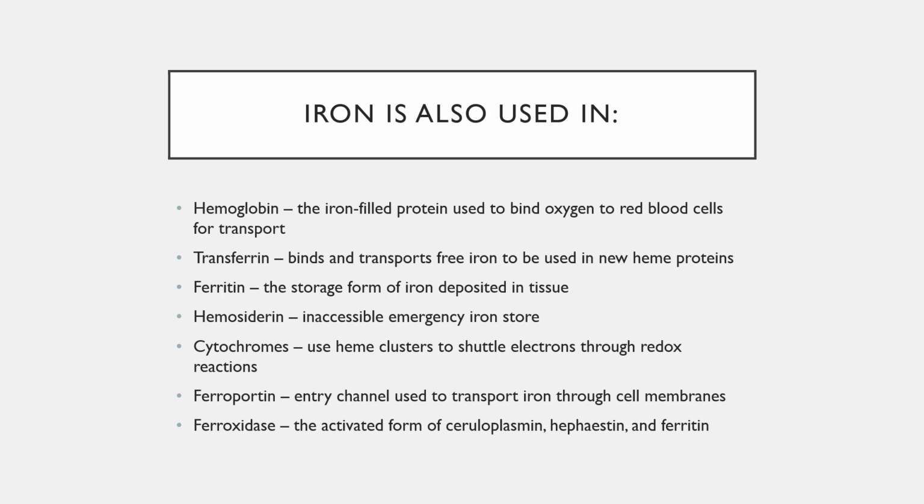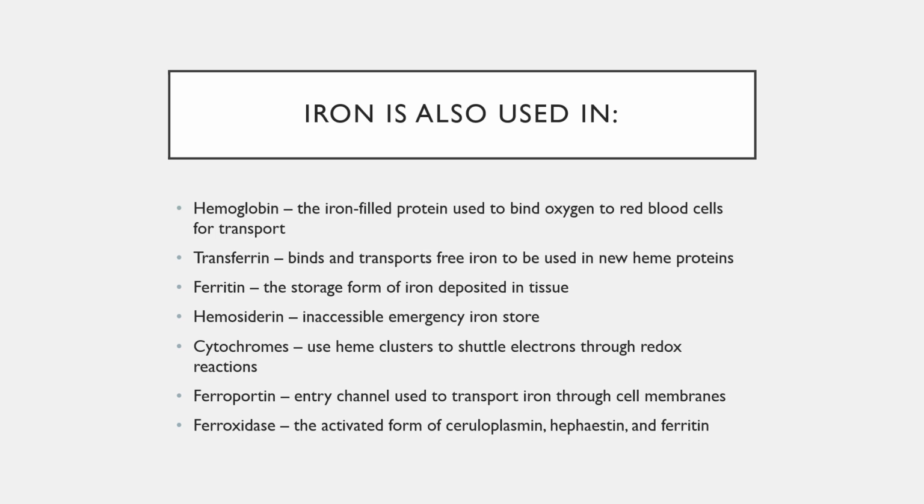So, for example, if a blood cell starts to break down or is damaged in some way, transferrin steps in, picks up the iron excess so that it doesn't end up as free iron and becomes damaging. It's picked up by transferrin and carried to the marrow of your bones or other parts of your body for either storage or the production of new red blood cells and heme proteins.